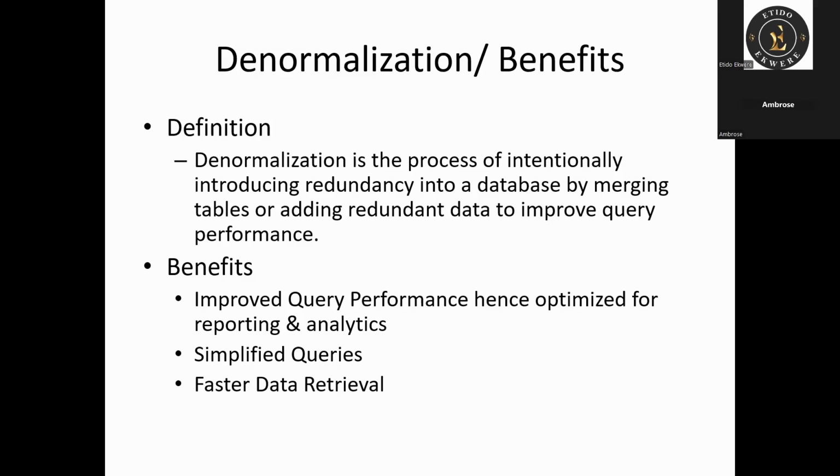The benefit of denormalized data is your query performance is improved because you're not joining anything. You most likely are just going to query from one table source and do your filtering from that same table. So your queries are simpler and data retrieval is faster, which are things you want to see when you're generating reports or doing analytics.